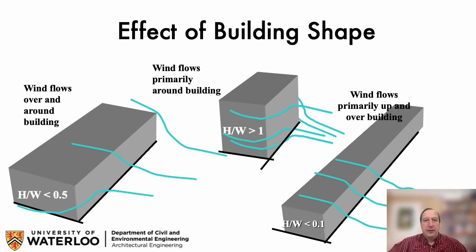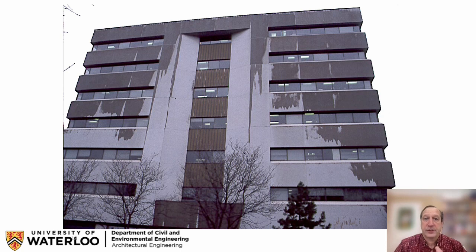And so this is a bit more complicated, a bit harder to predict, although significant progress has been made in the last 25 years to at least give us as much quantitative and qualitative information as one normally needs when you're selecting building enclosures. So this is an image of a building in Kitchener-Waterloo.